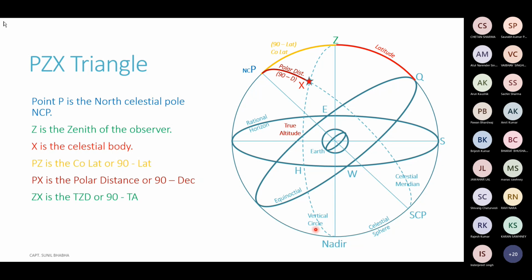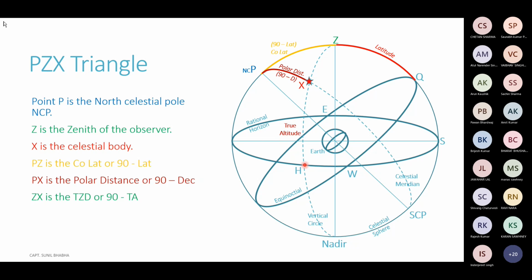This is the vertical circle which is passing from the celestial body. And we just now saw that the arc of the vertical circle contained between the rational horizon and the center of the body, that is H to X, is the true altitude. You see it is still marked in this diagram. This is the true altitude of the body.